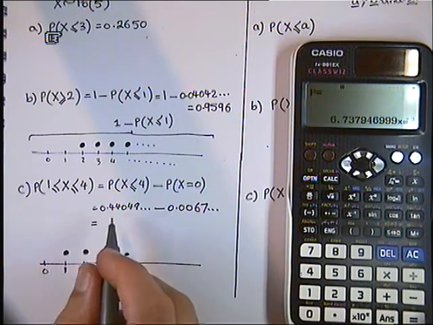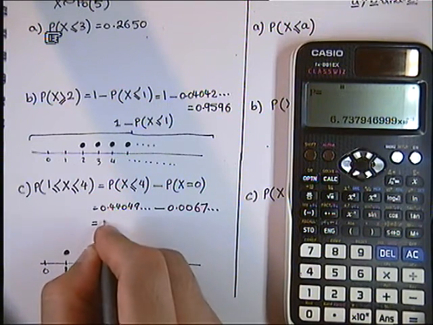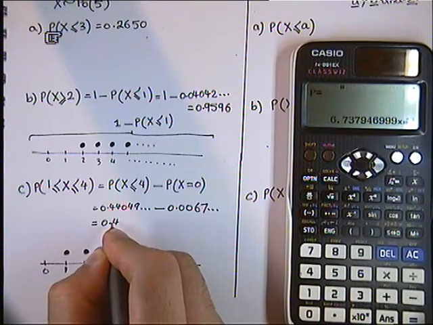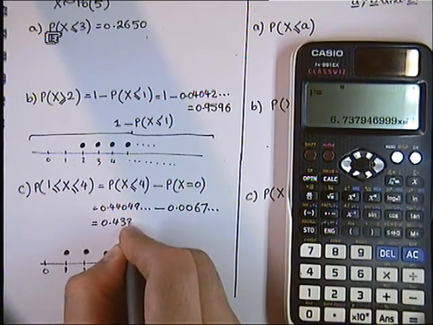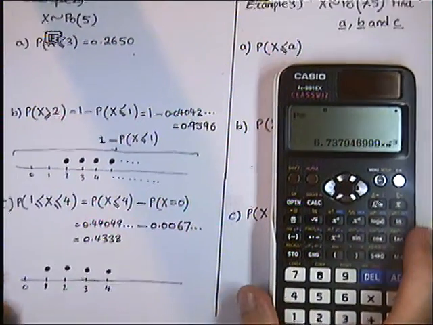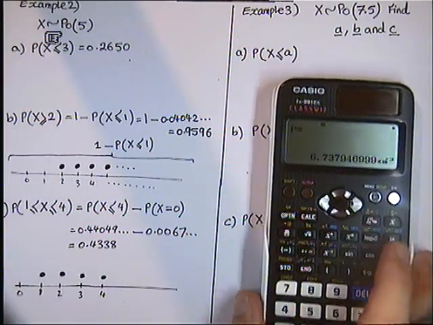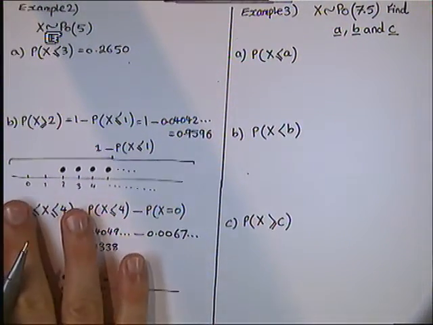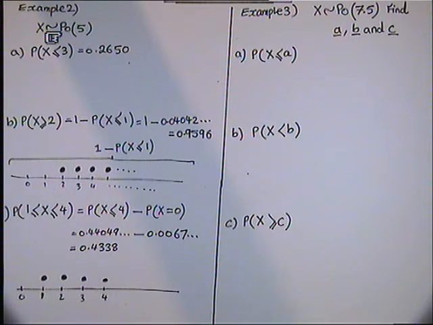Just taking away this from this one, we get 0.4338. These are almost all the possibilities which we can get in the exam: to calculate the probability of x less than or equal to, greater or equal to, x between 1 and 4, both inclusive.